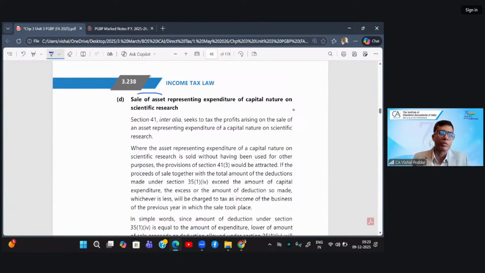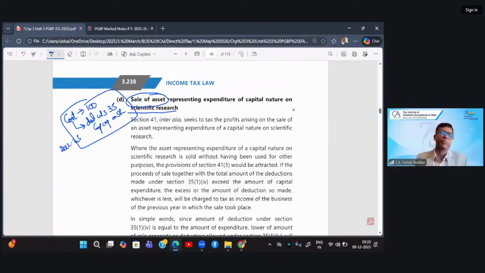Now, interestingly, what will happen where you sell the asset? Which asset? Which you had purchased for scientific research. Now, this is interesting. Let us say I had purchased the asset for a cost of rupees 100 and this cost was allowed as deduction under 35 as capital expenditure on scientific research. So let us say all this happened in the financial year 22-23.